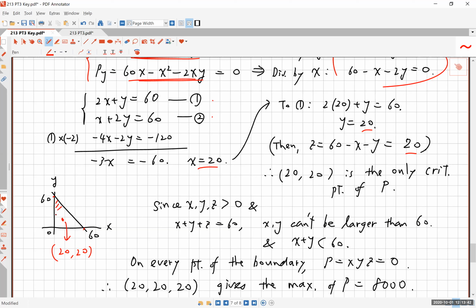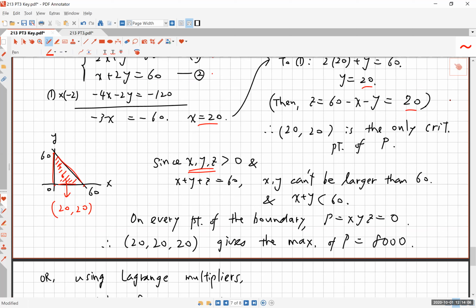So the implicit domain is actually this triangular region, not even the points on the line are allowed because x, y, z cannot be equal to 0. And you know there has to be a maximum point because when you multiply 3 numbers, the boundaries will give you the 0 product, so somehow there has to be a highest point. All right, and so this is the answer, 20, 20, 20.